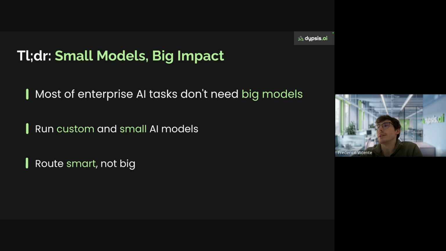It is also very convenient to use these small models because they are much more focused on narrow tasks, and you have much more control, and for some specific tasks you can even save a lot of money by avoiding API calls and services that you don't control. It's also important to have this mentality of choosing wisely when to use small models, or when to use bigger models.